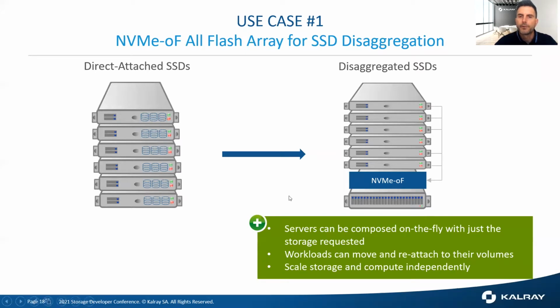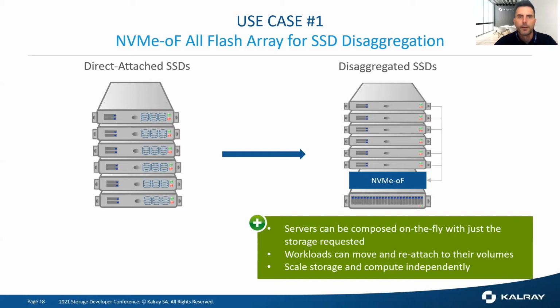The second advantage is that thanks to this new architecture, since the disaggregated SSDs are visible as a shared pool of storage, it's now much easier to move workloads from one server to another one, because you just have to reattach to their volumes after moving them.